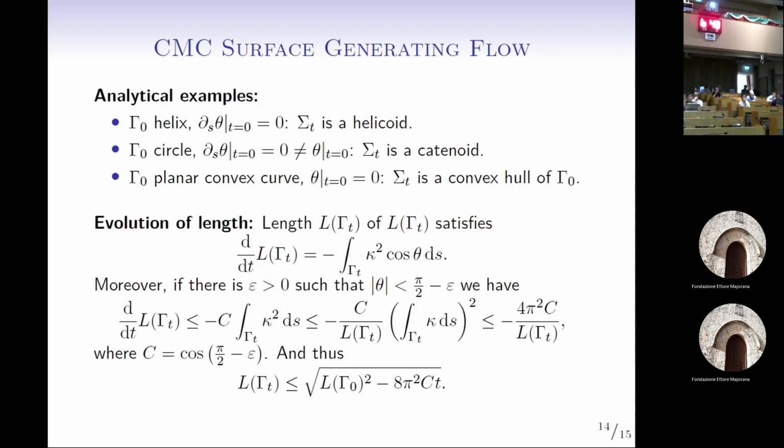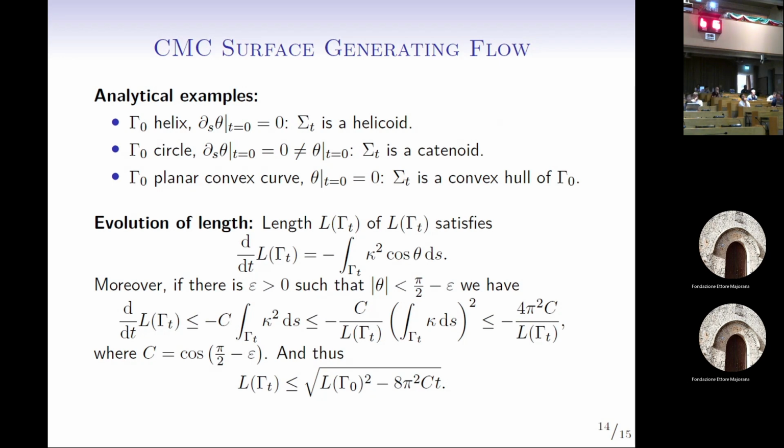I actually do have some more time, but I will go very briefly through some of the properties here. What's better about this flow is that we can actually talk about curves that are not locally convex.